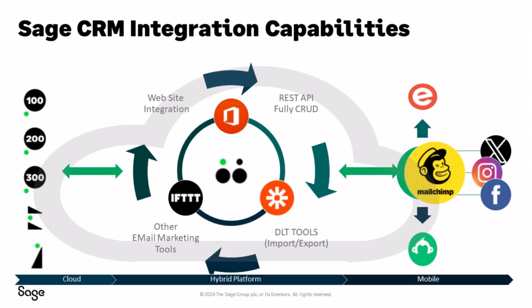In one respect, Sage CRM isn't really a CRM system, it's an integration hub. And it is used extensively to be able to provide a front end to unite disparate back-end systems into a single point of reference for the majority of staff within an organization.